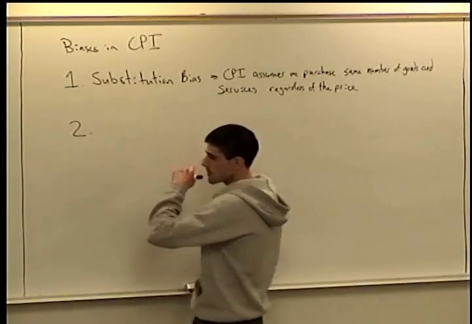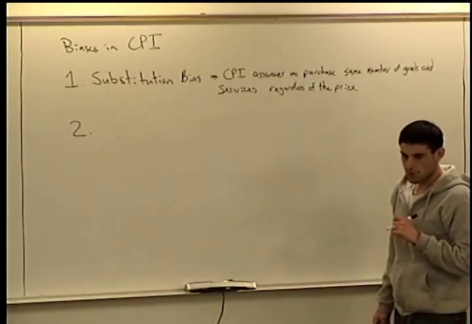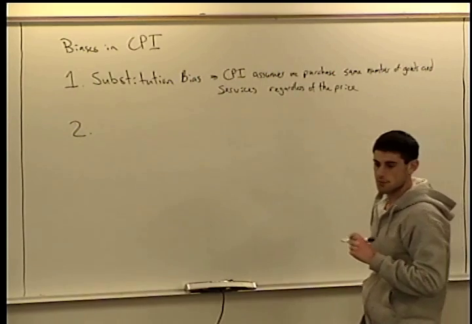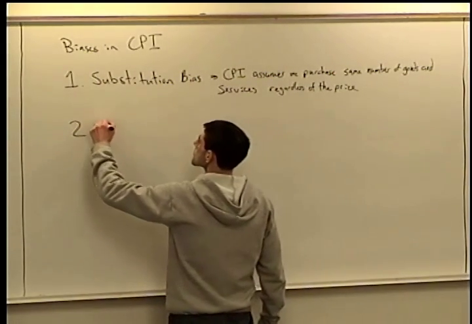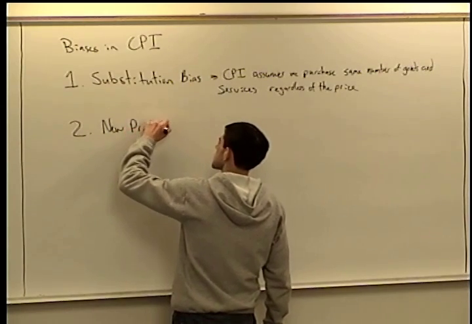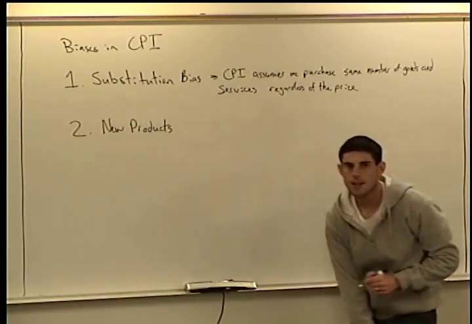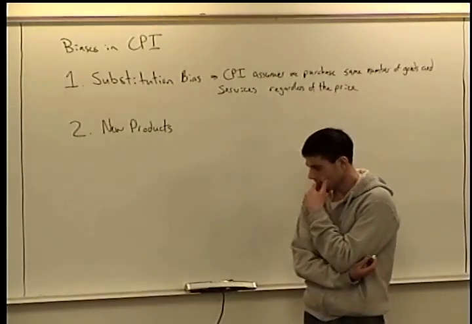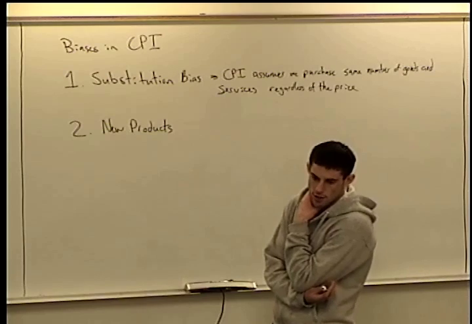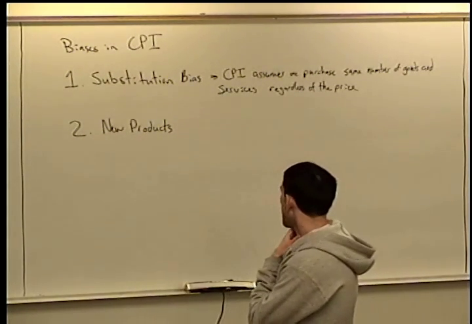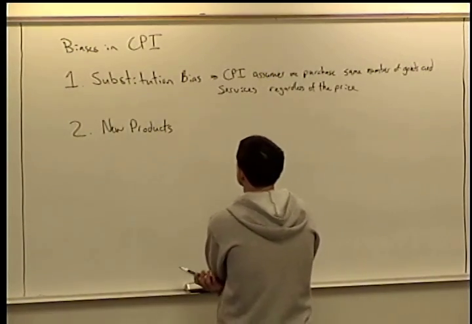Second bias. The second bias involves new products. This has to do with how frequently the market basket is updated.